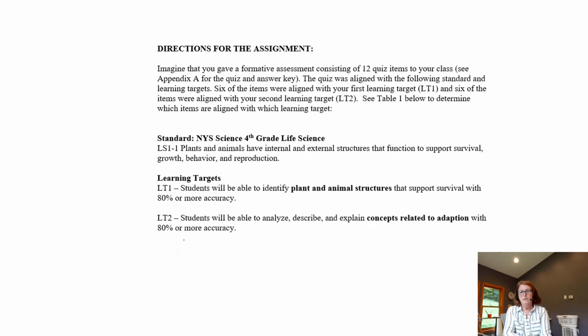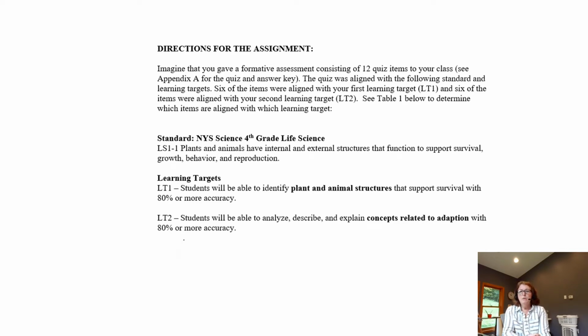The standard itself is LS1. This is the actual New York State Science 4th grade life science standard. Plants and animals have internal and external structures that function to support survival, growth, behavior, and reproduction. That's pretty self-explanatory, right? Plants and animals have structures and they function to allow them to exist.